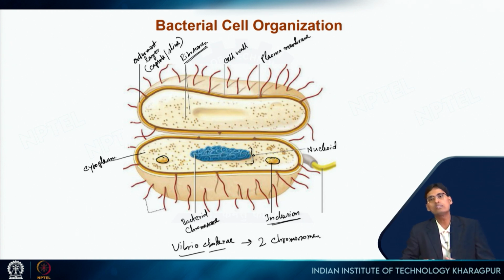But as you know, they don't have membrane-bound cell organelles like endoplasmic reticulum and mitochondria, as you already know. Apart from that, on the surface, some bacteria have hair-like structures called pili and fimbriae.